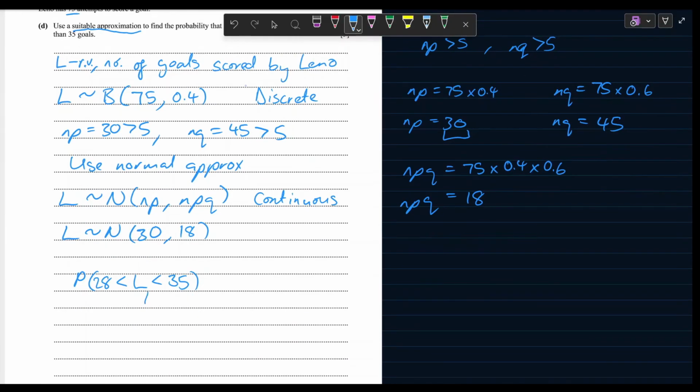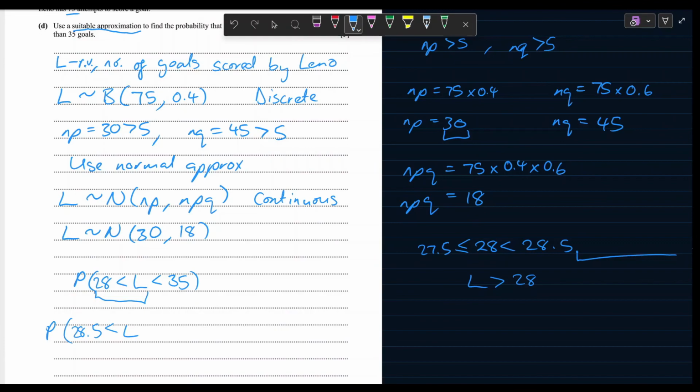So this part where we're saying L is greater than 28, what would that become? 28 represents any number from 27.5 all the way up to 28.5. And we're saying L is greater than 28, so we don't want to include 28. We're moving to the right, but we don't want to include 28. So we're taking numbers greater than 28.5. So that's going to be L is greater than 28.5 after continuity correction.